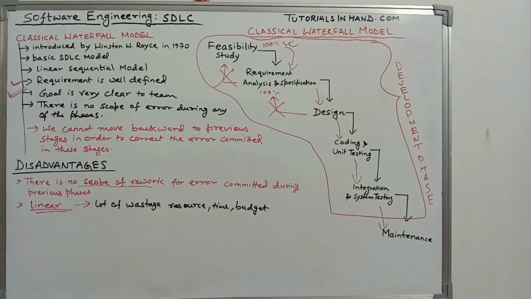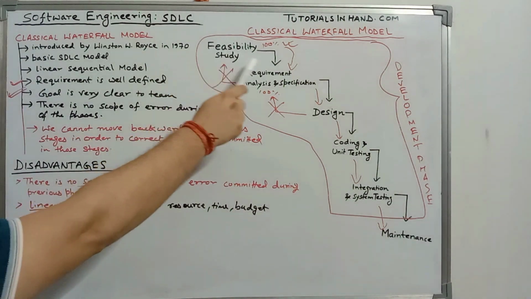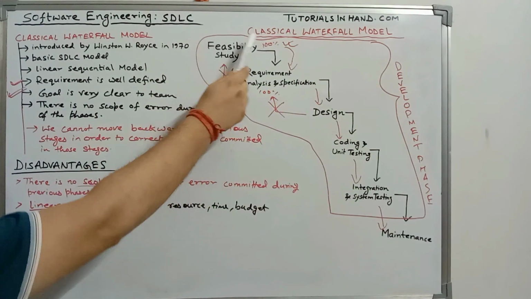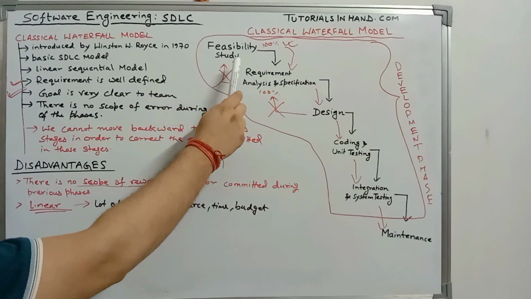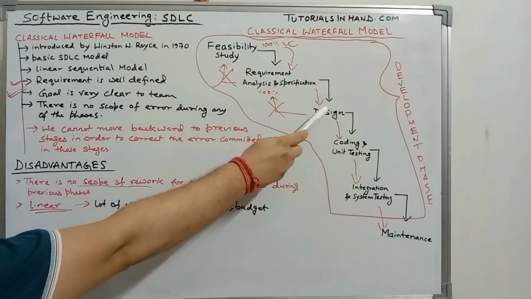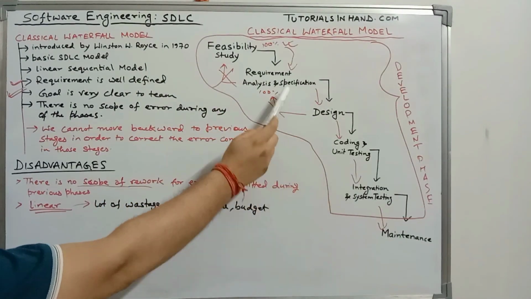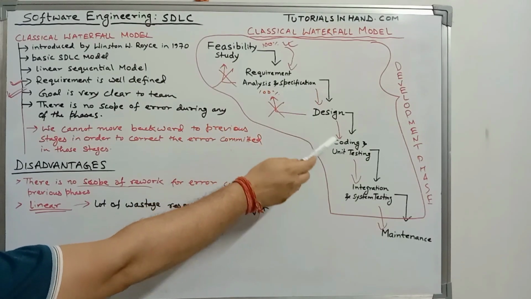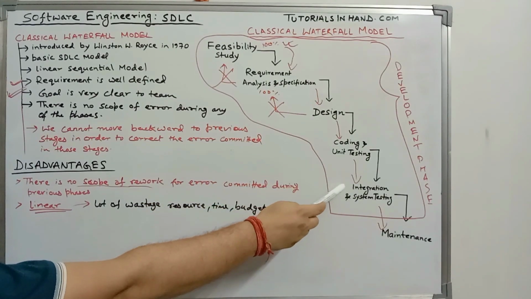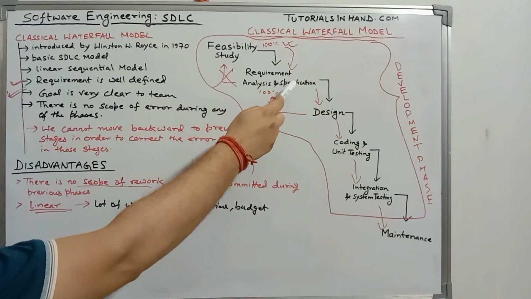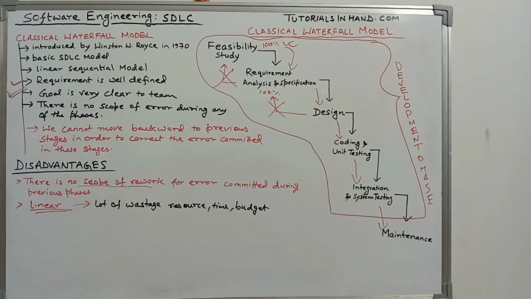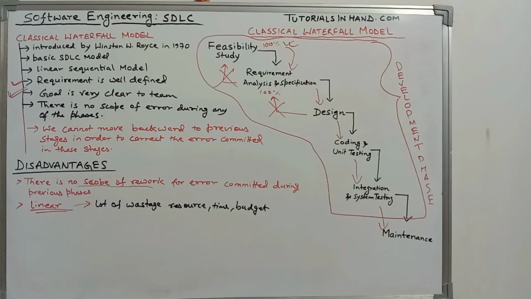Why? Because if you follow the linear approach, then when the feasibility study phase is in progress, the people who are involved in the other steps, like requirement analysis and specification, design, coding and unit testing, and integration and system testing, would sit idle, because until and unless the feasibility study phase is completed, requirement analysis and specification people cannot start their work.